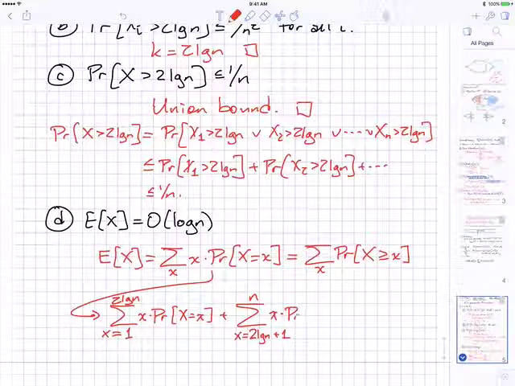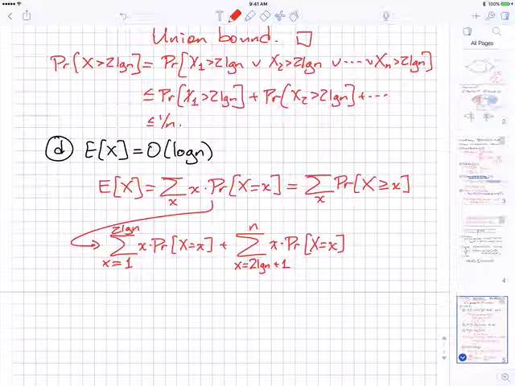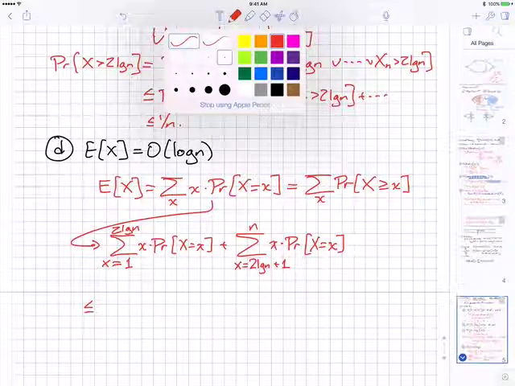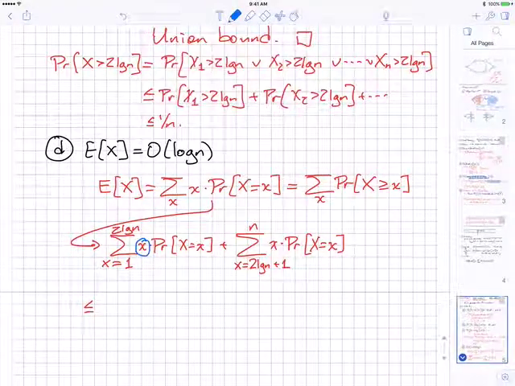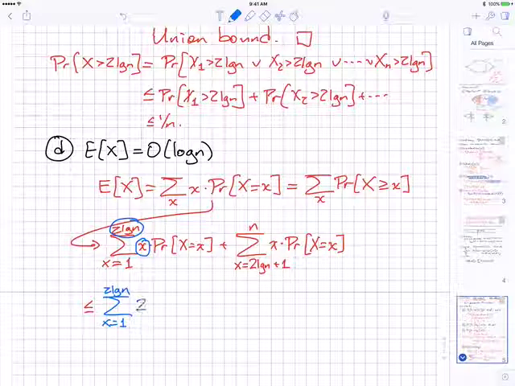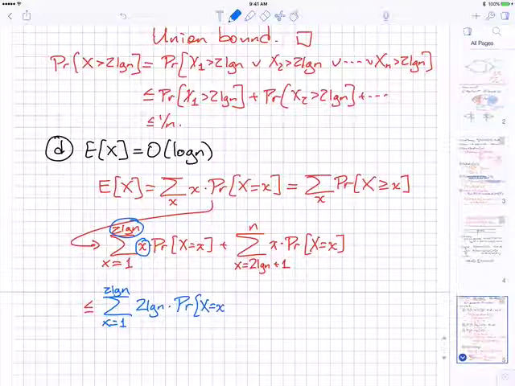Of x times the probability that x equals little x. Okay. Now I'm going to do some inequalities here. The first thing I'm going to do is argue that I can replace that first little x with 2 log n and still get an upper bound. Okay, so this is the sum over x equals 1 to 2 log n of 2 log n times the probability that x equals little x.